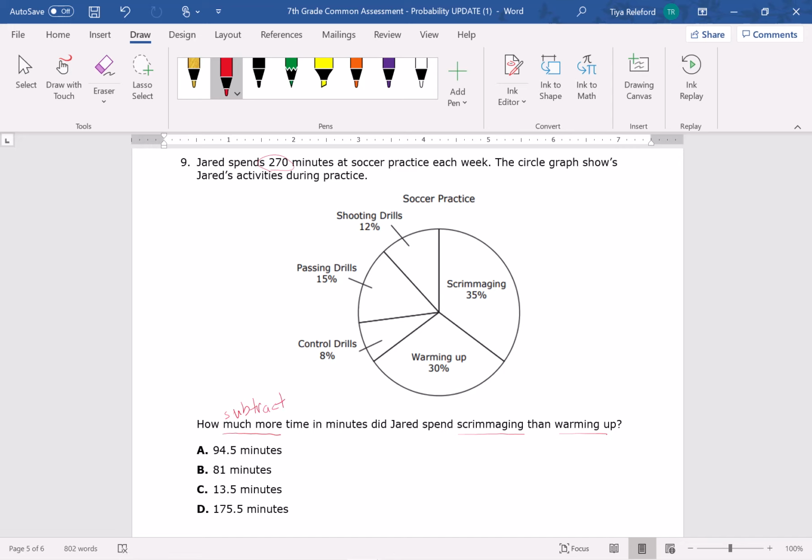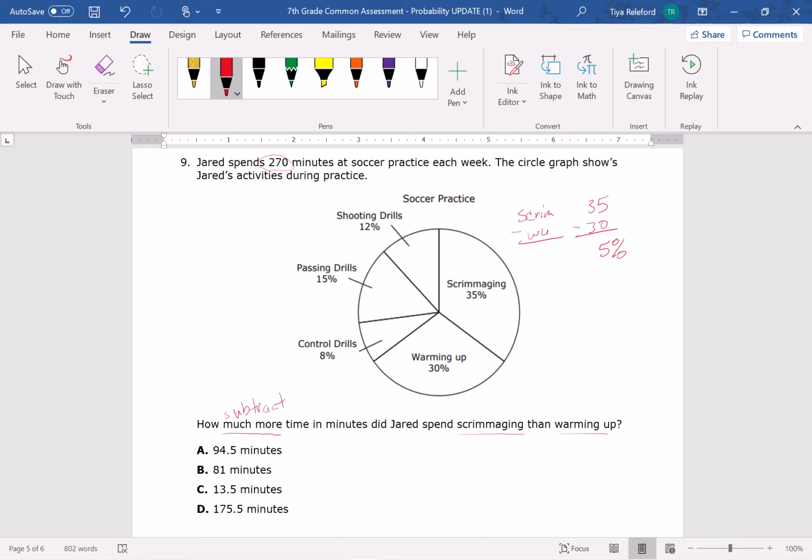We're going to subtract scrimmaging minus warming up. Scrimmaging is 35%. Warming up is 30%. Problem is, we don't want the percent, we want the minutes.